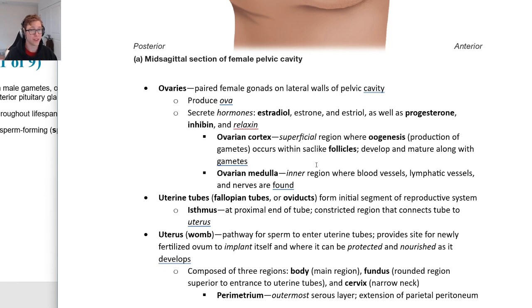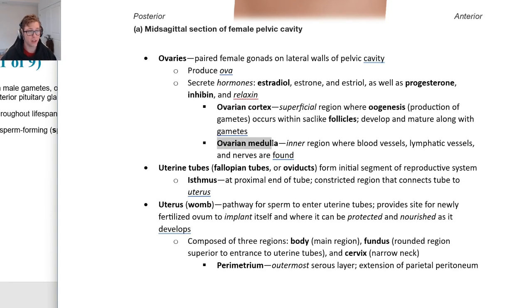So, oogenesis is the production of gametes for the female. Spermatogenesis is the production of gametes in a male. You have that genesis in there, and then depending on what the gamete is, sperm or ovum, that's the precursor term. Ovarian medulla, the inner region where the blood vessels, lymphatic vessels, and nerves are found.